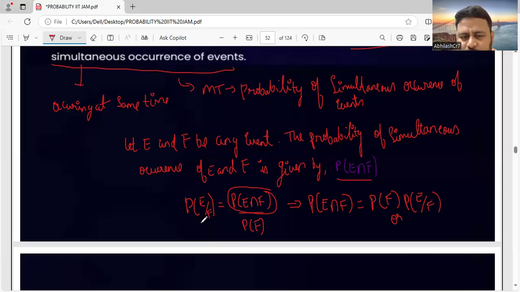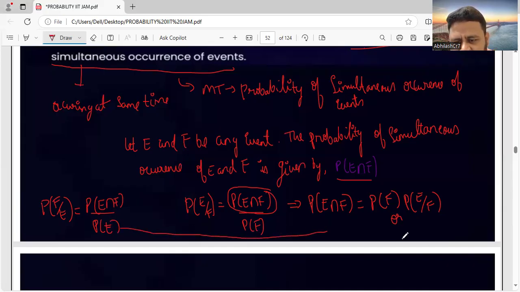That is, if I write the probability of F given E, the probability of event F occurring given that E has already occurred, then we can write it as probability of E intersection F divided by probability of E. E intersection F and F intersection E are the same. So ultimately, the probability of E intersection F can be written as probability of E into probability of F by E.